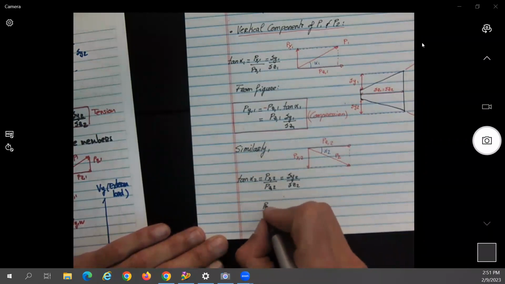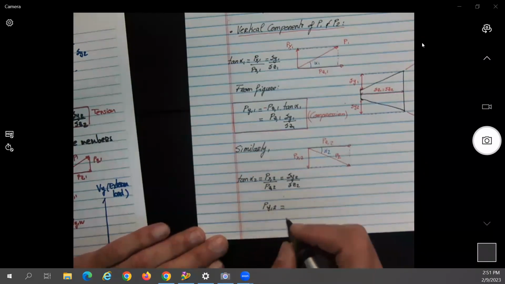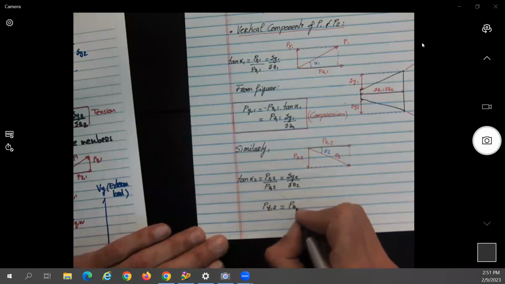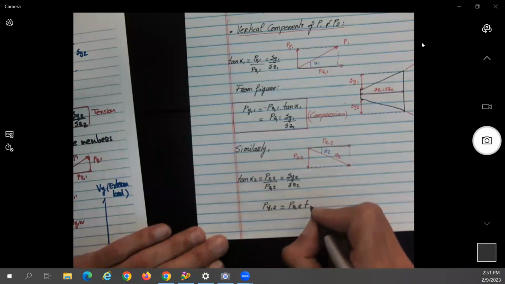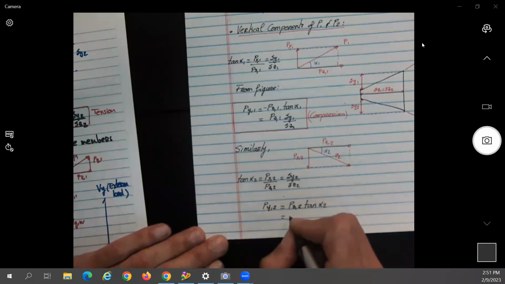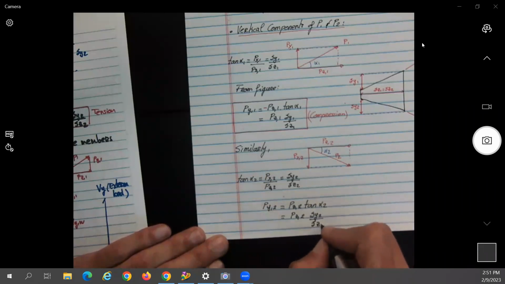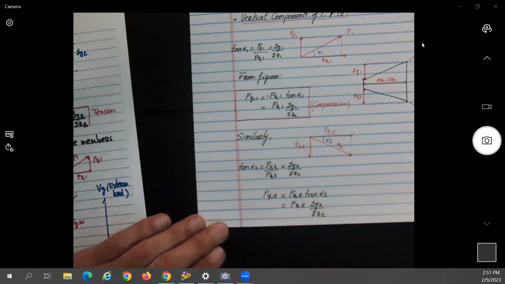Or we can write PY sub 2 will be equal to PZ2 tangent alpha 2, or we could write PC2 delta Y sub 2 over delta Z sub 2.